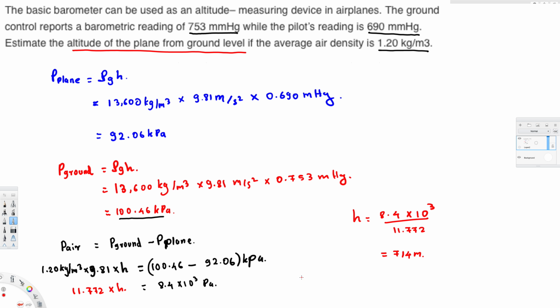Therefore we can conclude that the altitude of the plane from the ground level is 740 meter.